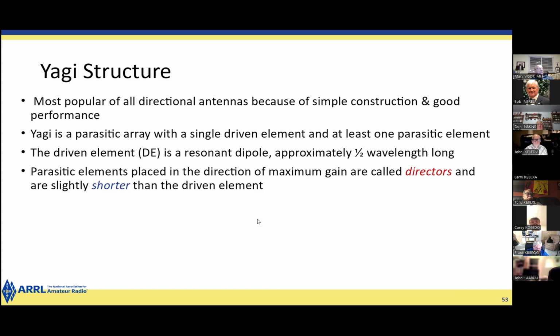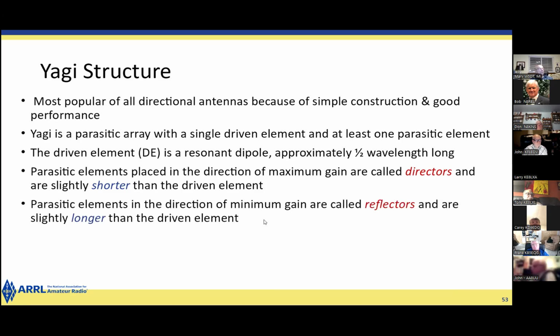Parasitic elements placed in the direction of maximum gain are called directors and are slightly shorter than the driven element. Parasitic elements in the direction of minimum gain are called reflectors and are slightly longer than the driven element.